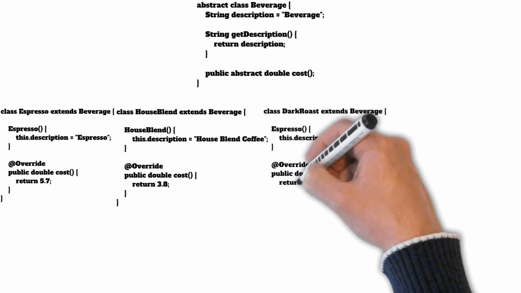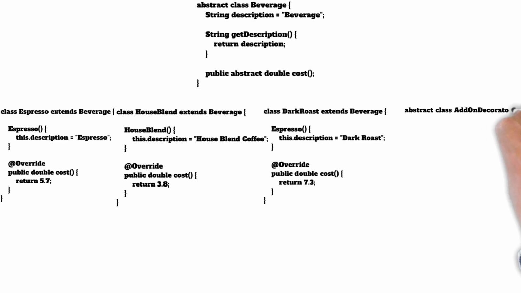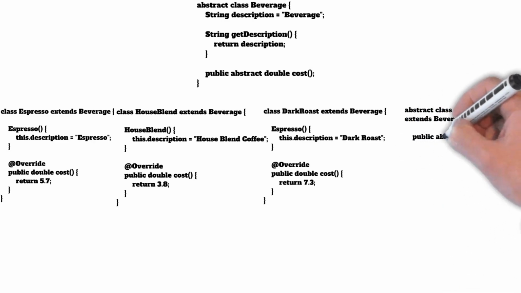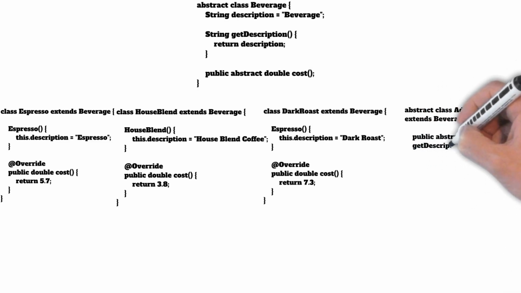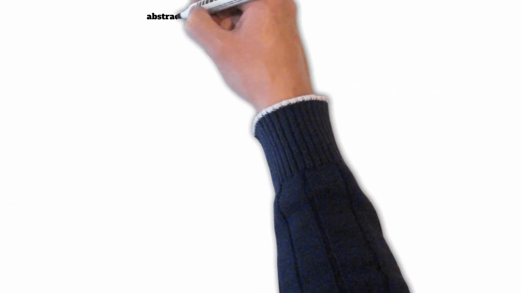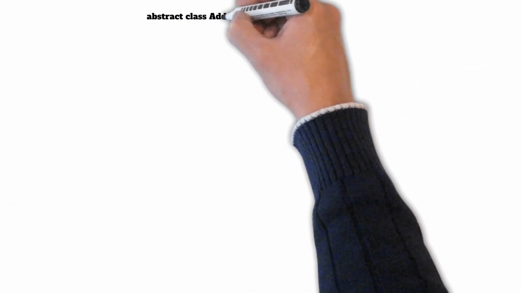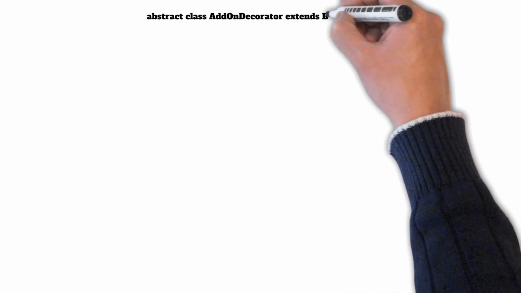Similarly does dark roast, and the fourth candidate, which is the add-on decorator, it doesn't need to update anything because it itself is an abstract class, and the classes extending it will have to update the cost and the description.